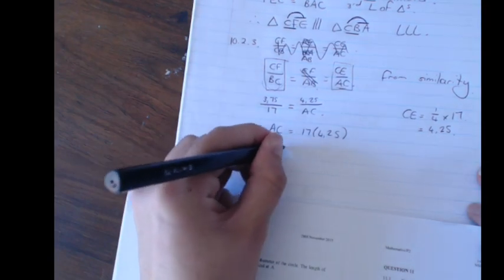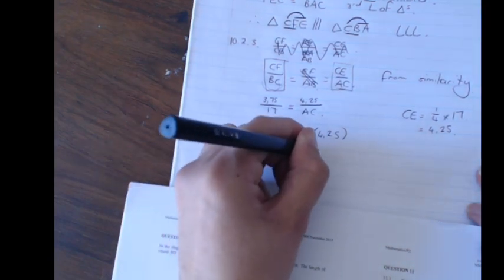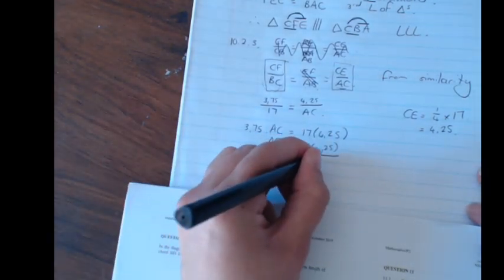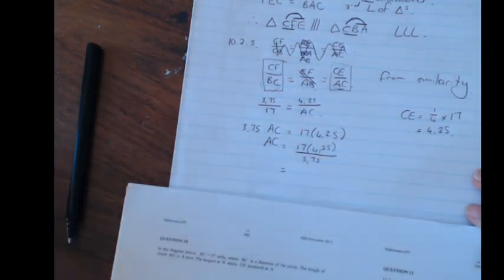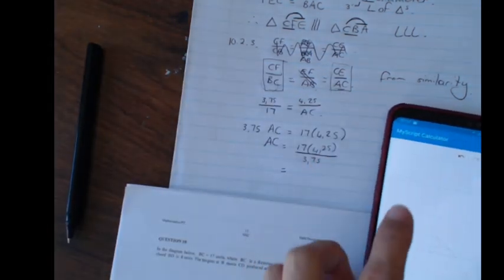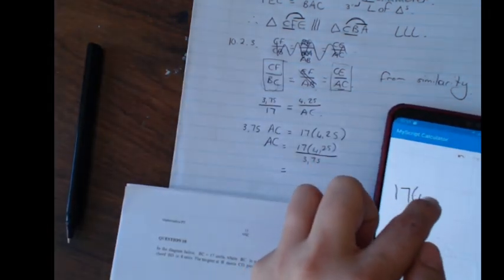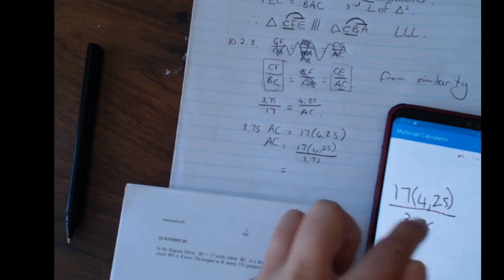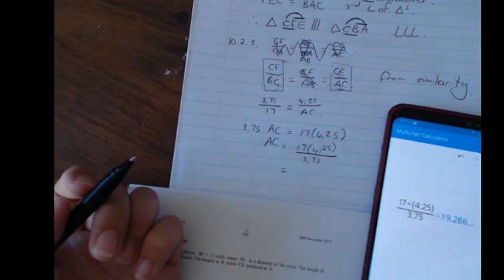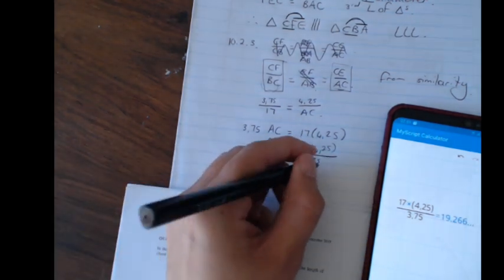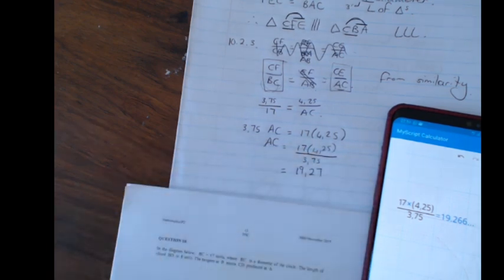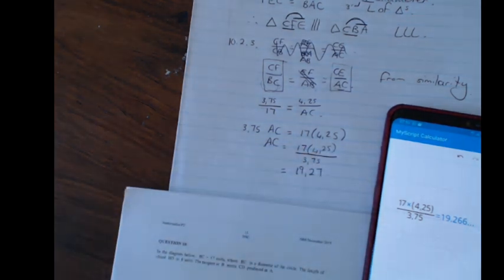So AC is 17 times 4.25 divided by 3.75. 17 times 4.25 over 3.75, and that is 19.266, which can round to 19.27. Okay, all right, so that's the length of AC.